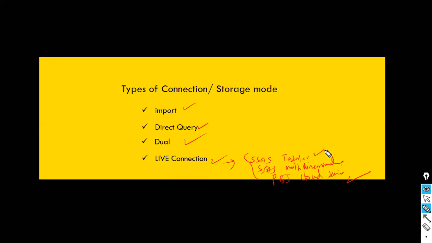Now the question is, what is tabular? It's the rows and columns. What is multi-dimensional? It's a cube. School time, we played with a cube, isn't it? If you rotate the cube in any dimension, we keep rotating the cube until we get the desired outcome, right? The same thing here. Cube is multidimensional. If you want to do slicing and dicing with your data, then if you create a cube, that will be good.